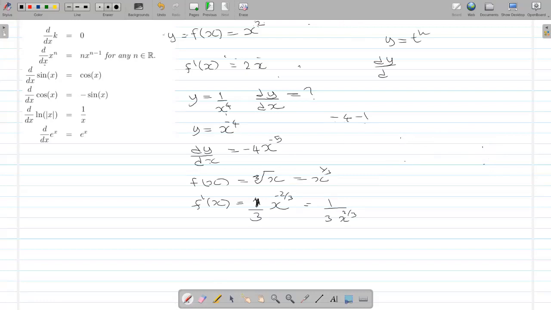Now my variable is t, no? Or if this is f(t), my variable is t, or f dash t is equal to n t to the n minus 1. So that means if I have t to the 5, dy by dt is 5t to the 4.